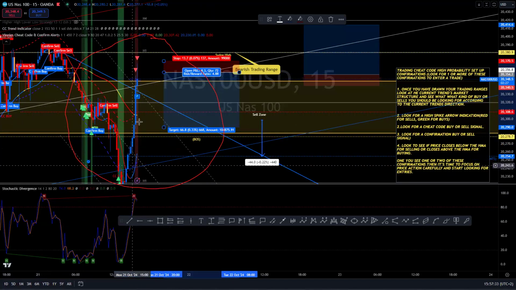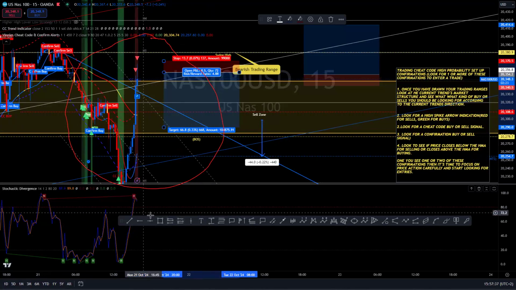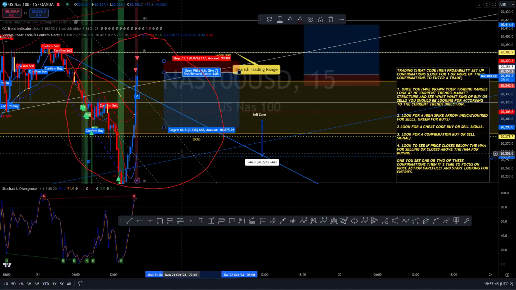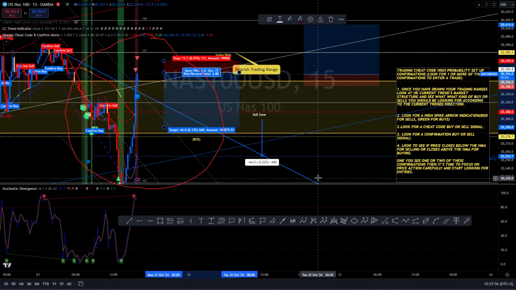Close it down and fill it back down up here. We got a little bit over 2 minutes. Let's see the 10 o'clock candle close.